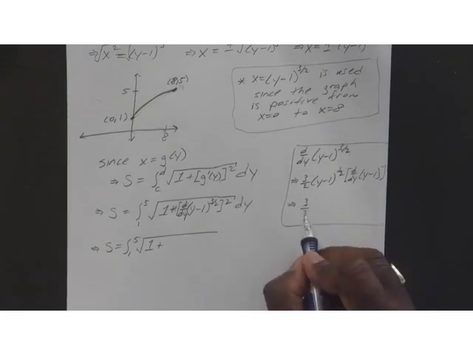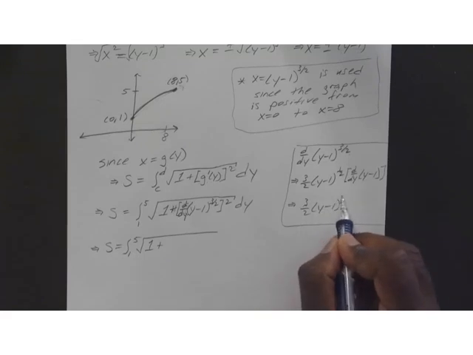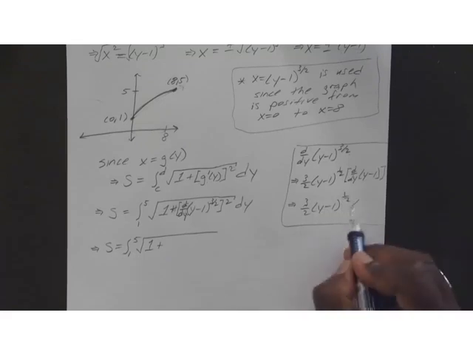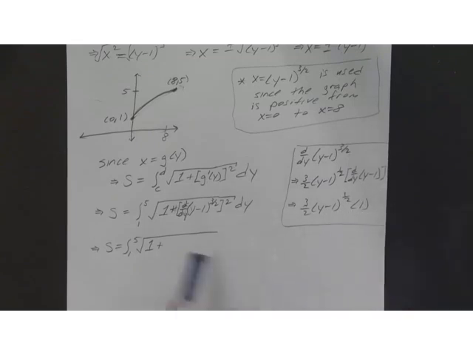So that's just 3 over 2 times (y minus 1) to the 1/2 power times 1, but we're not going to worry about adding that over here.